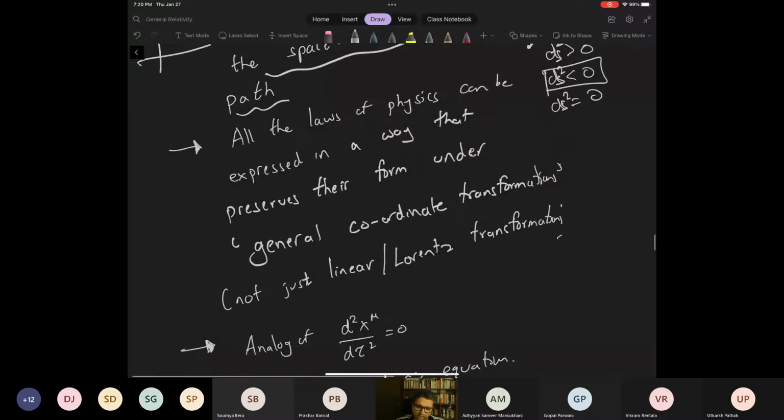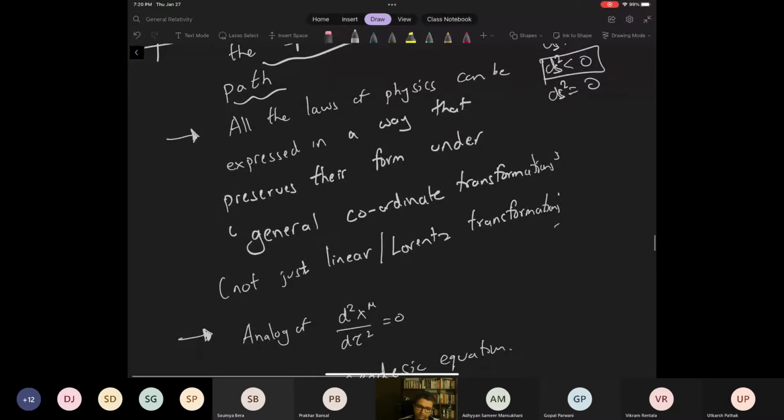One other point that will be important is that the laws of physics, just like in special relativity, we had a dictionary. And the dictionary was taking us from one inertial observer to another, and there was a particular kind of coordinate transformation associated with those inertial observers, and the laws of physics had to be invariant, or keep the same form, under that kind of dictionary.